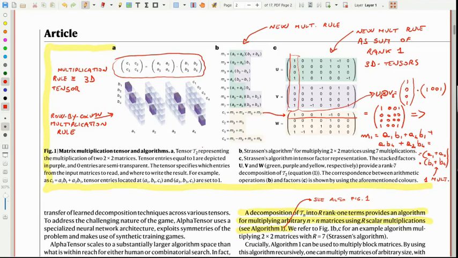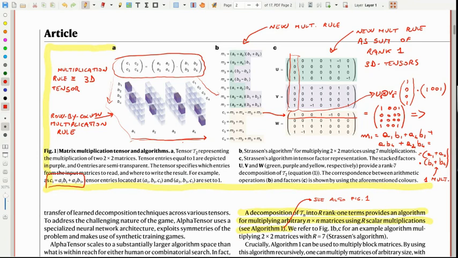Now, look at this picture here. You have this 3-dimensional shape, so you have 3 directions. In the depth direction we represent A1, A2, A3, A4. In this direction we represent C1, C2, C3, C4, and in this direction we represent B. Now, we are saying that C1 is equal to A1 B1 plus A2 B3.